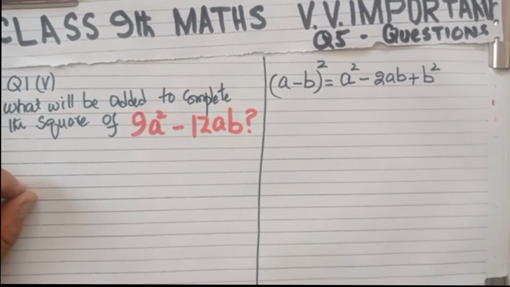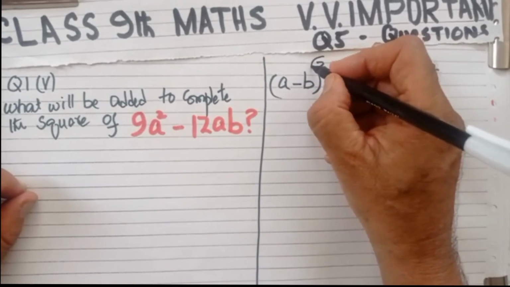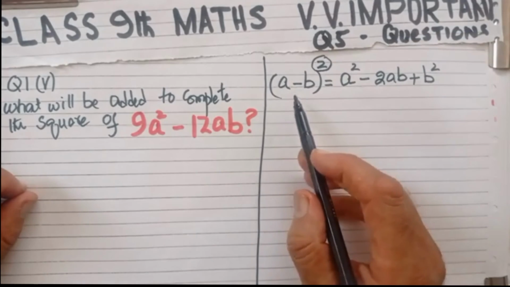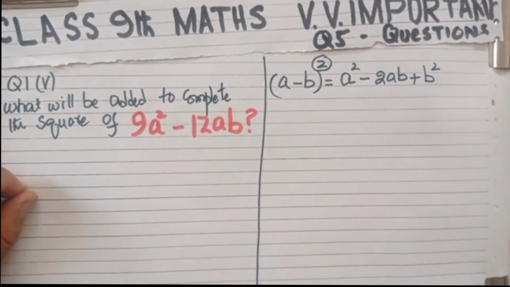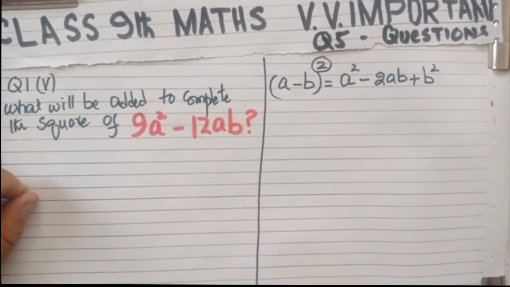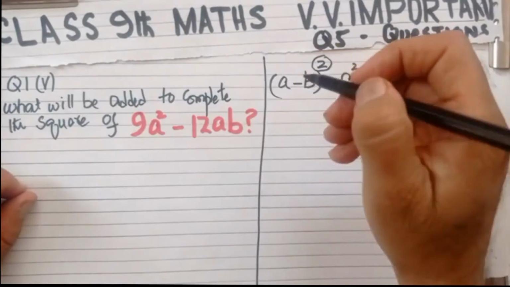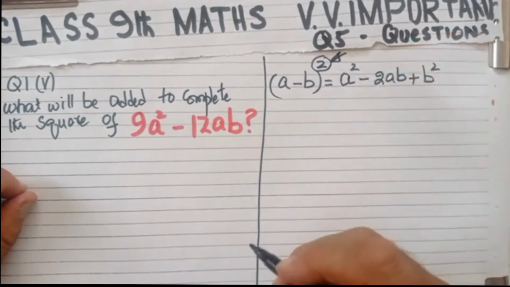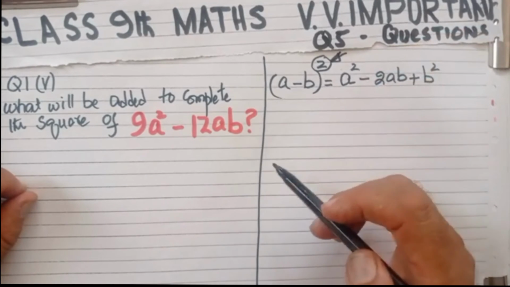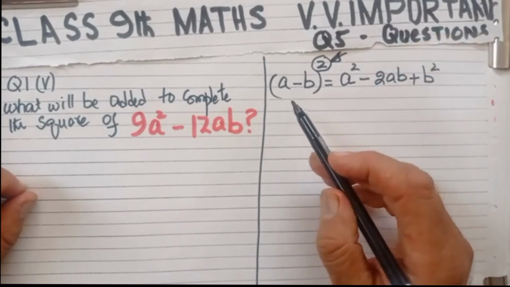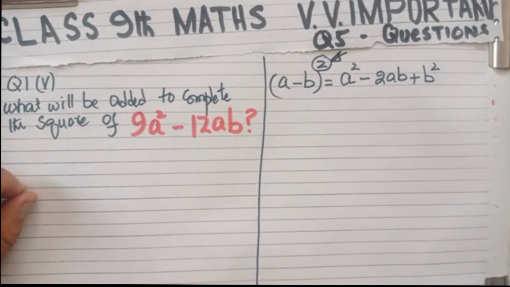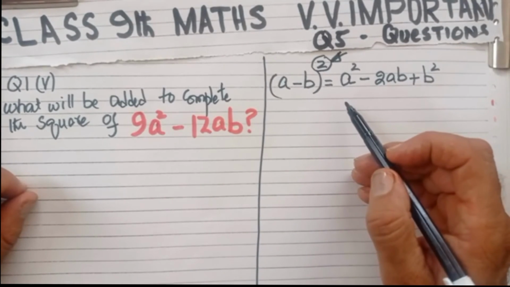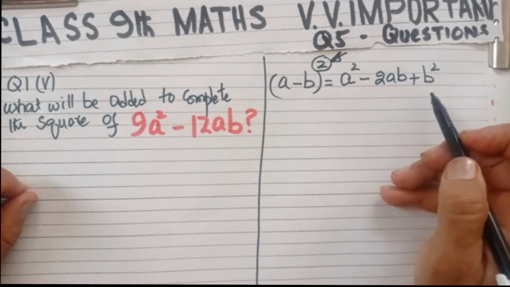Now this is the whole square. That is, whole square means that a minus b are closed in a bracket and the square is given on the bracket. This is not the square of any individual. This is the square of the whole. So that is always equal to a square minus 2ab plus b square.